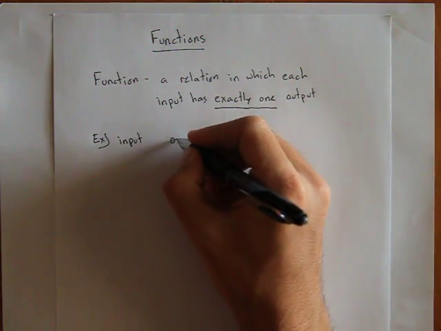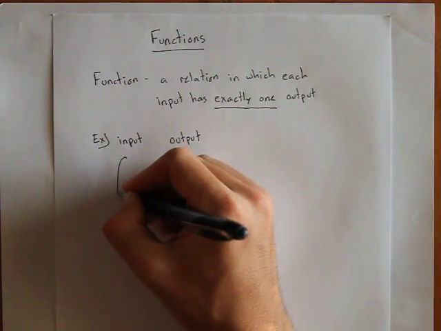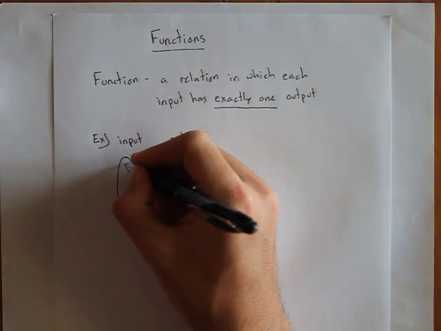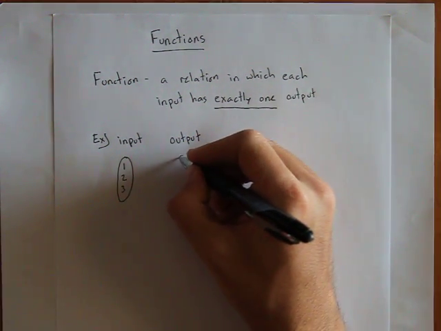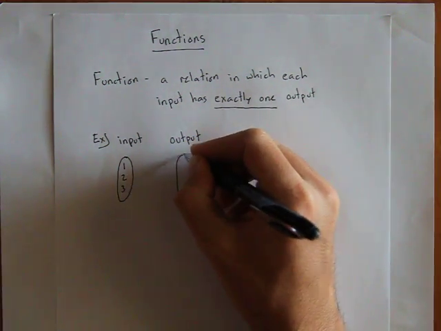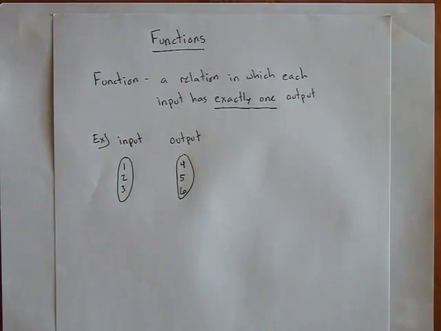And so the trick is I'm going to have an input and an output. I'm going to show you what that mapping is. And we're going to keep these nice and simple. In the first one, I've got three possible numbers, 1, 2, and 3. And my output list is also going to be nice and small, 4, 5, and 6. Okay? So I'm going to draw for you my mapping.